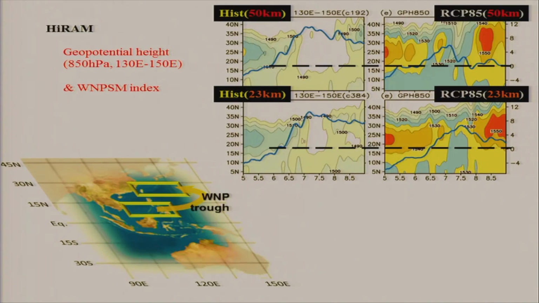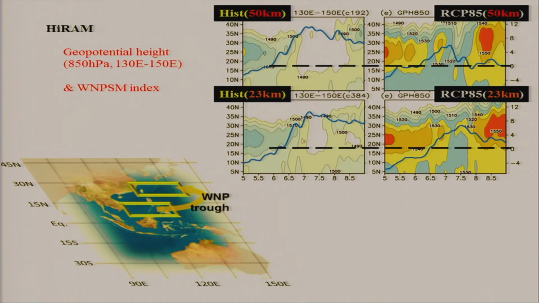So, to summarize the circulation result, here I show you the Pacific high cross section for the geopotential height in the lower troposphere, and this is the WNP monsoon trough. In the 50 kilometer model, the difference between the historical run and the RCP run is very large.